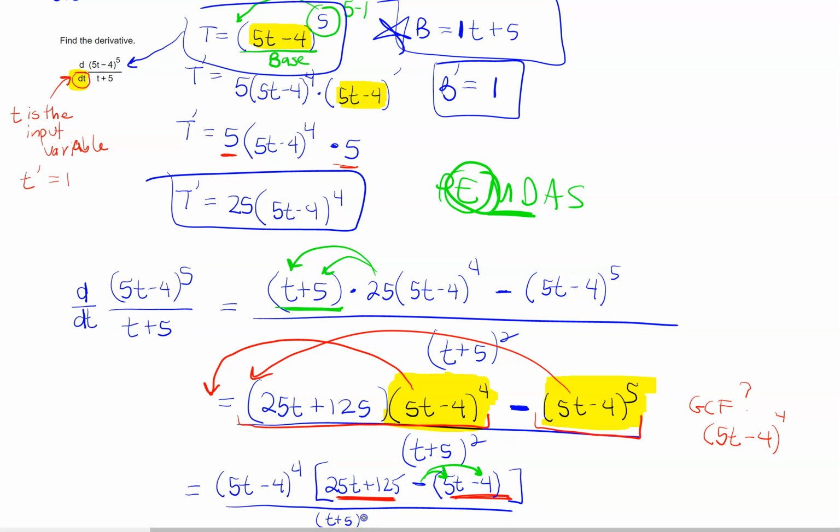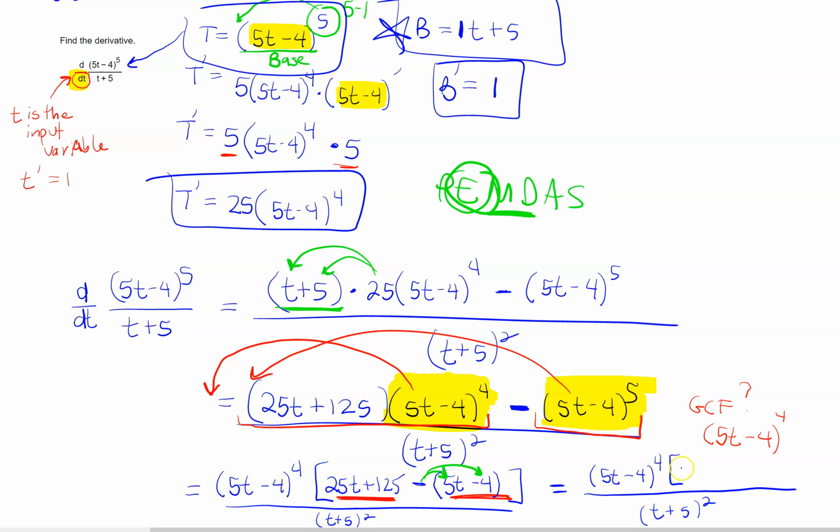Okay, so let's clean that up a little bit and see what that would be. So I would have my binomial GCF that I factored out, and all that's over the bottom squared. There's nothing I can do to simplify those binomials because they're not identical. And then in the brackets, what are we left with?